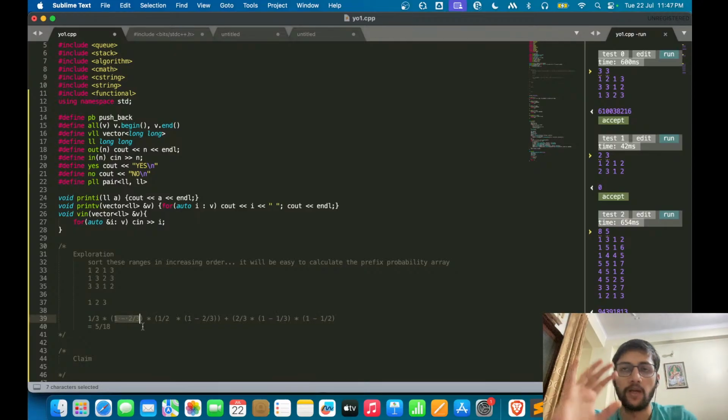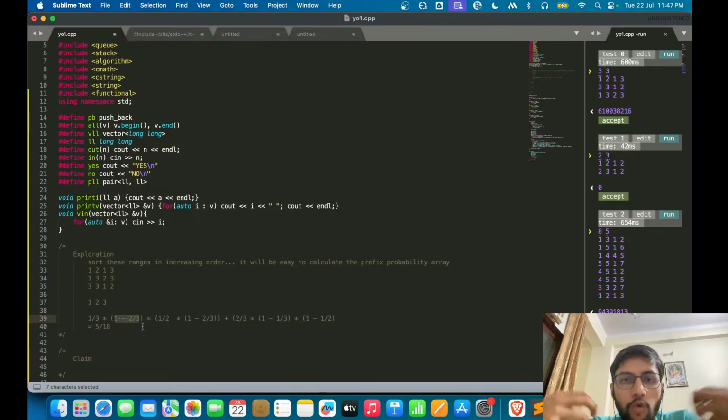If we want to include one segment, then all the overlapping segments have to be switched off, correct? So their complementary probability will have to be taken, basically the chances of them not occurring. That is the point of doing this here.